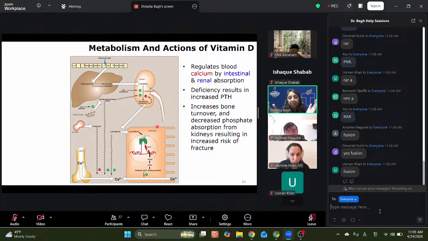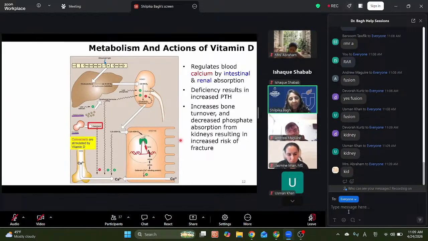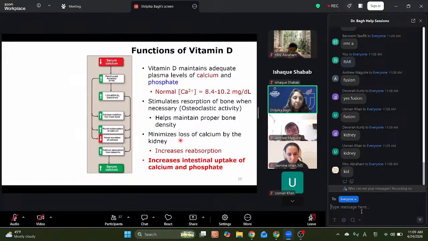Does parathyroid hormone work in conjunction with vitamin D? Absolutely, except parathyroid hormone promotes phosphate excretion at the level of the kidney. So yes, vitamin D deficiency leads to rickets in children, osteomalacia in adults.